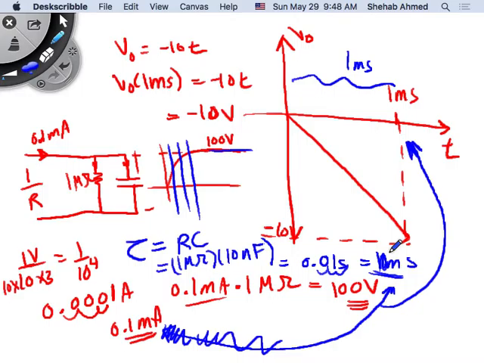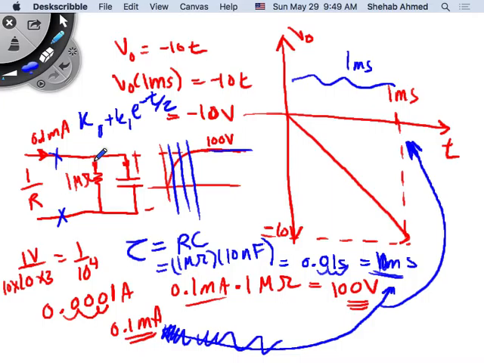No. Which means that the voltage across the capacitor is lower. How much lower? Then you have to find the time domain expression. You remember the transient response general format was K0 plus K1 e to the minus t over tau.